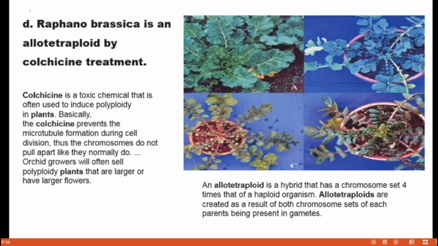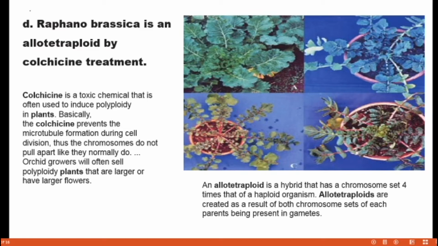So when the plants are normal, and we use the polyploidy treatment, they become polyploid plants from the normal plants. So the characters may be changed from the normal plants. That's why orchid growers often sell polyploid plants, because they are large and have more flowers or longer flowers.